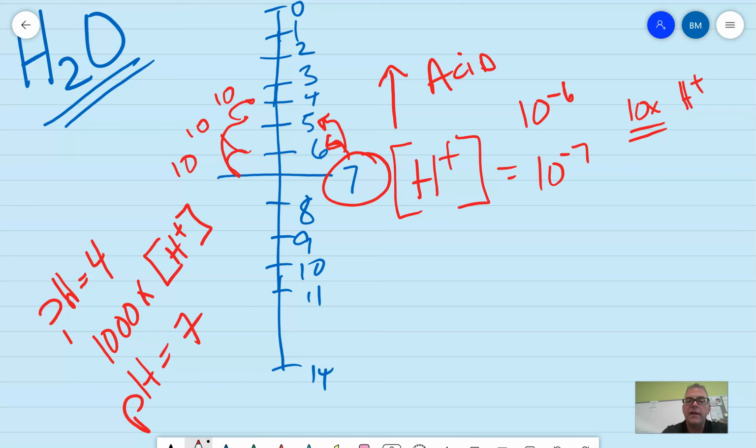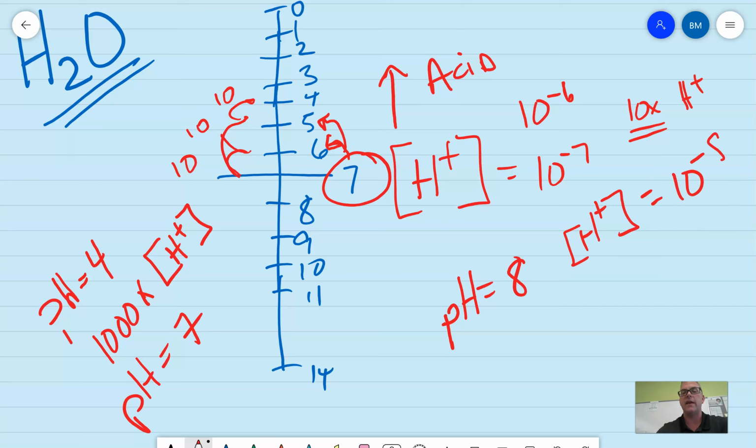All right, let's go on the basic side of things. If I have a pH of 8, what that tells me is that in this particular situation, I have a concentration of hydrogen ion equal to 10 to the negative 8th.